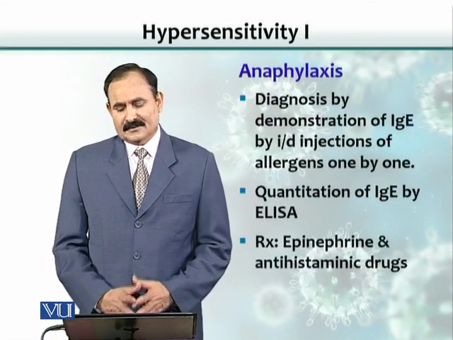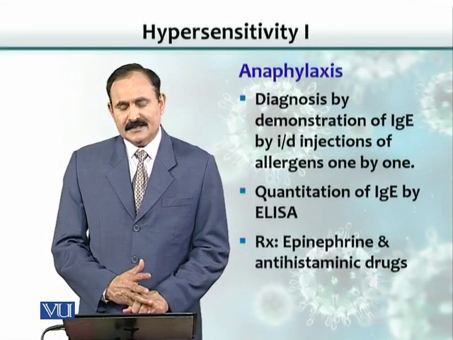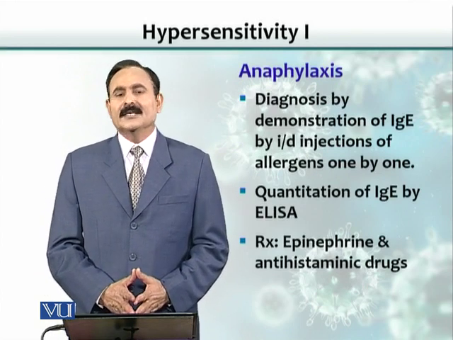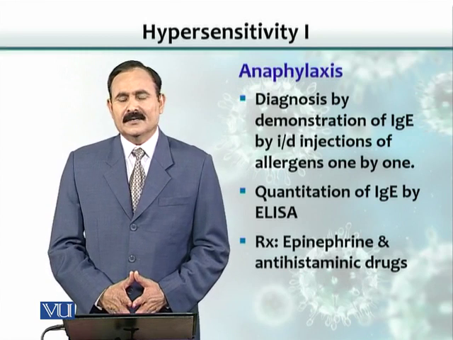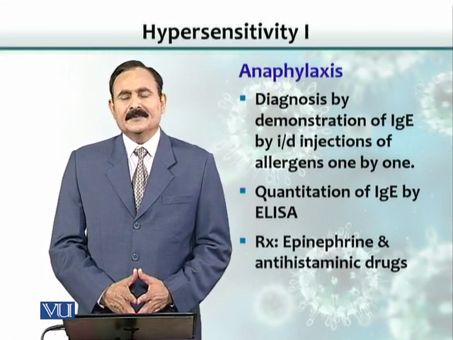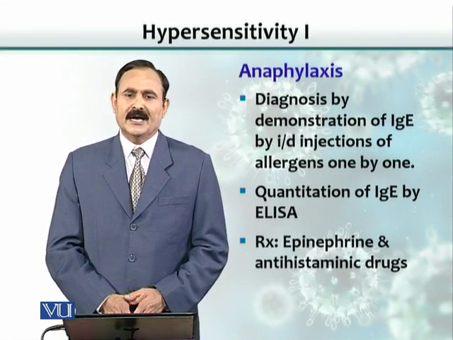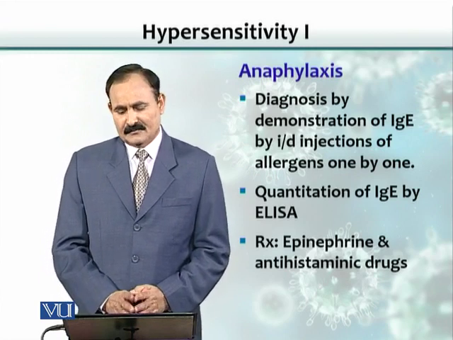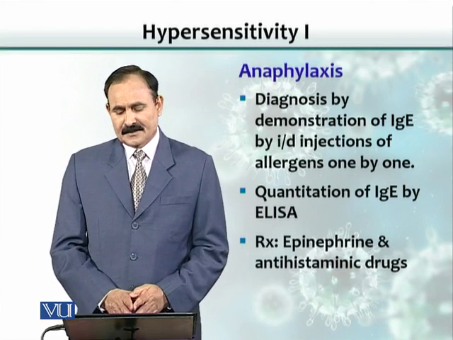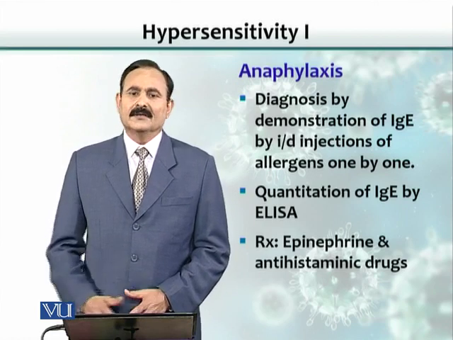Now, how do we diagnose it? The diagnosis is based on two things. One is demonstrating an increased IgE level. Normally IgE is not very much present in the body, but in allergic people you can see an increase in IgE level, and that can be shown with various tests, like ELISA, enzyme-linked immunosorbent assay, which is one of the procedures that can demonstrate an increased level of IgE.